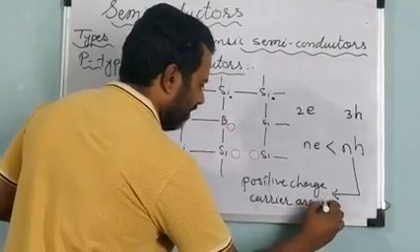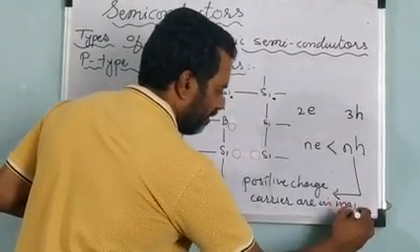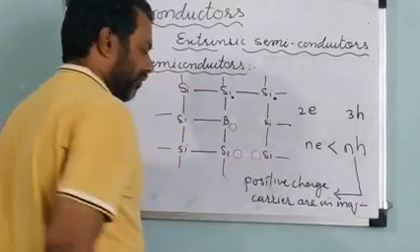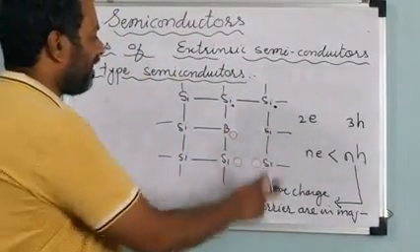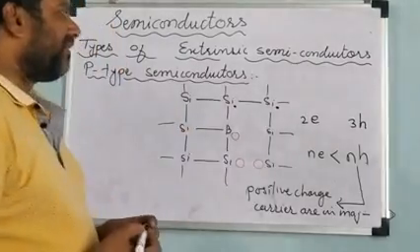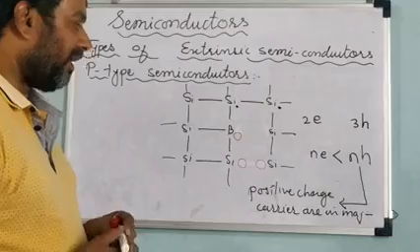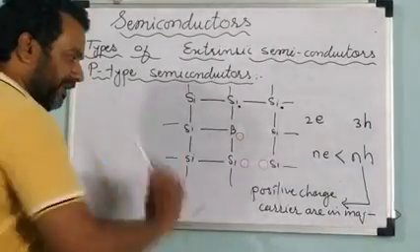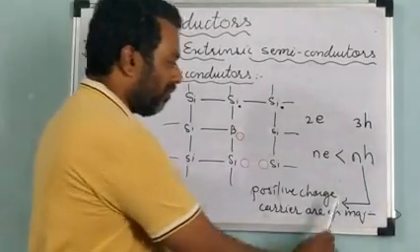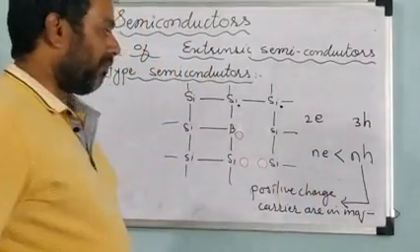Because of this majority of positive charge carriers, such a type of extrinsic semiconductor or impure semiconductor is called a p-type semiconductor, because it has more holes as compared to electrons.